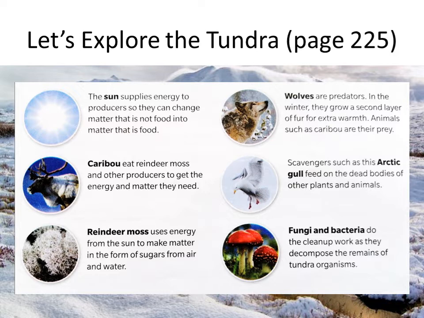The caribou is an animal that looks like a deer, mostly like the deer that carries the carriage of Santa Claus. We call it a caribou. The other one is called the reindeer. It's much close to it, but they are not really deer. The reindeer moss, it's a kind of a producer.